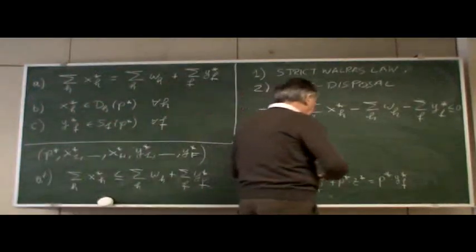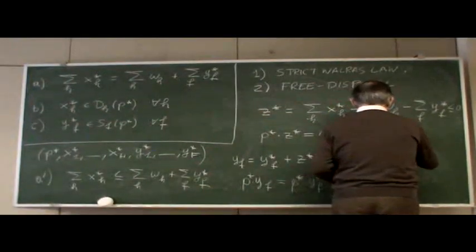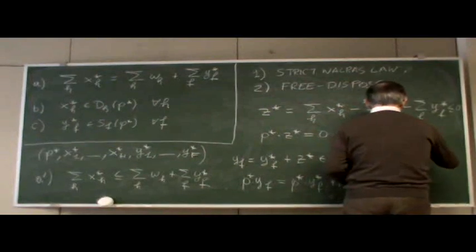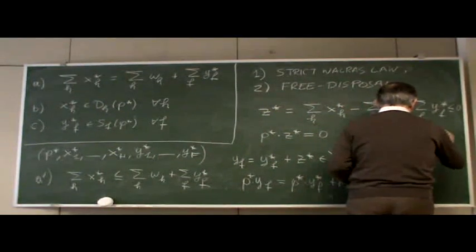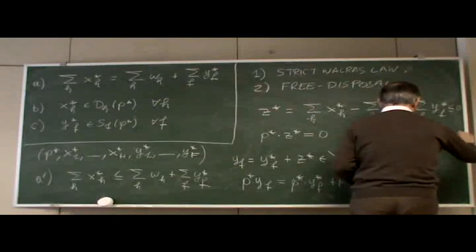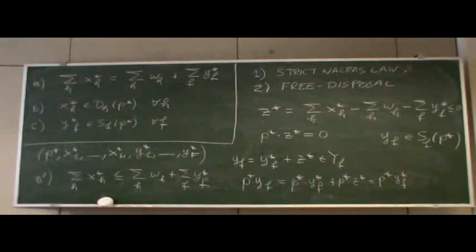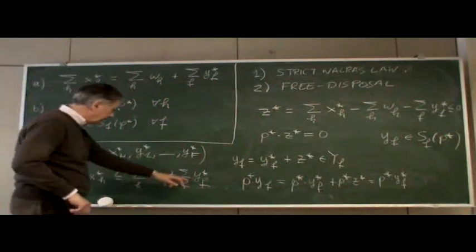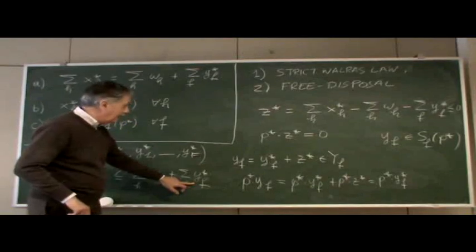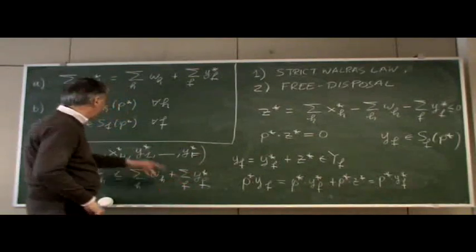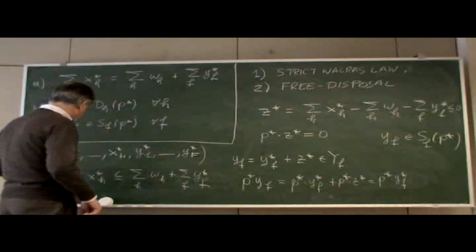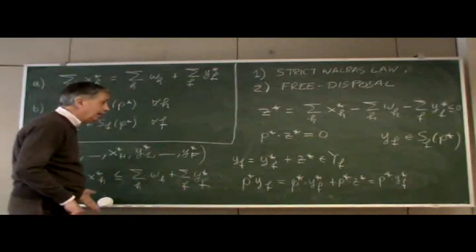So you conclude that this alternative process YF is an element of SF of P star. Final step. If you substitute here to Y star F YF, clearly you obtain a strict equality.